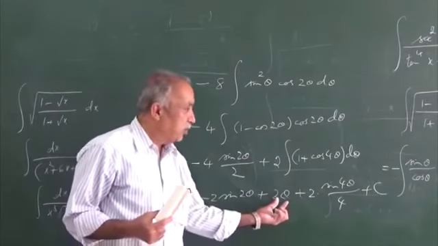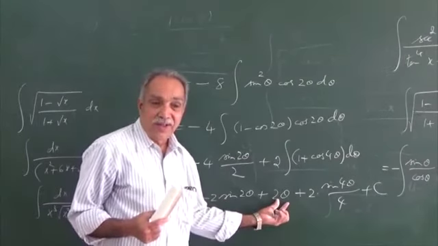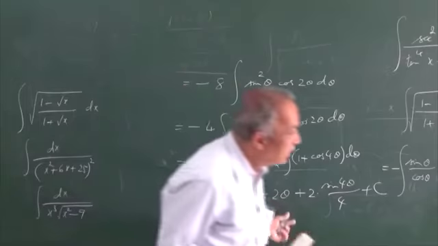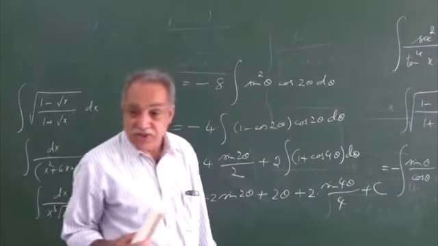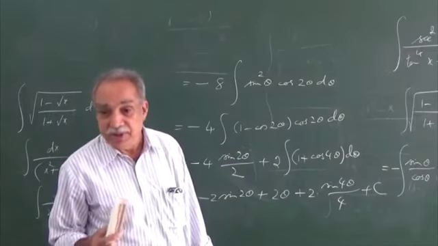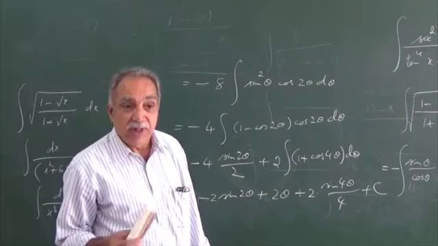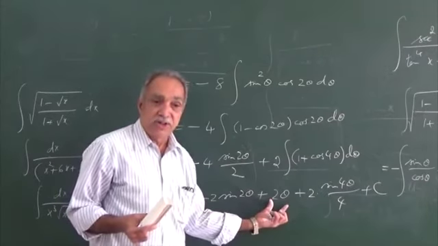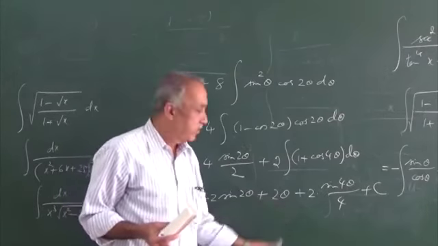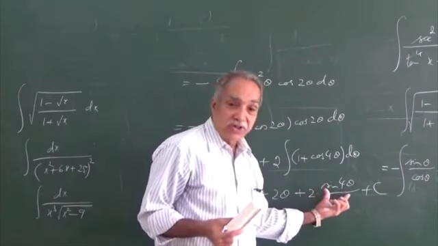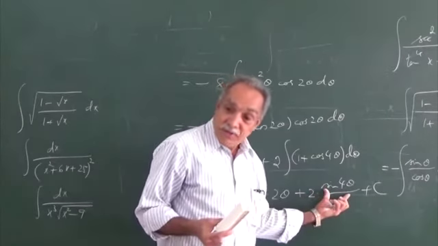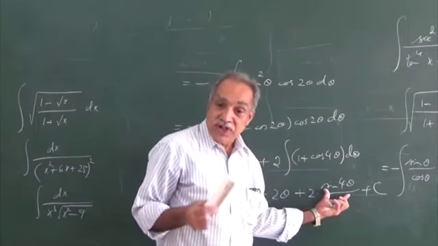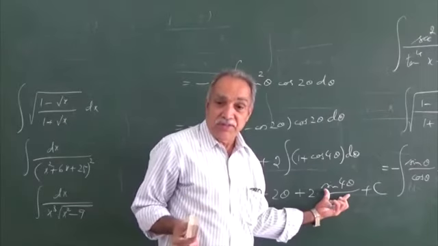Fine. What about theta? Cos square 2 theta is x. Cos 2 theta will be root x. 2 theta will be cos inverse root x. Okay, that is what you require. Cos inverse root x. What about sin 4 theta? It will be written as 2 sin 2 theta cos 2 theta.